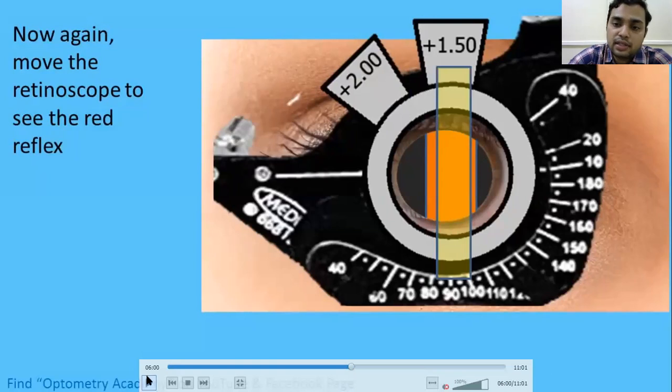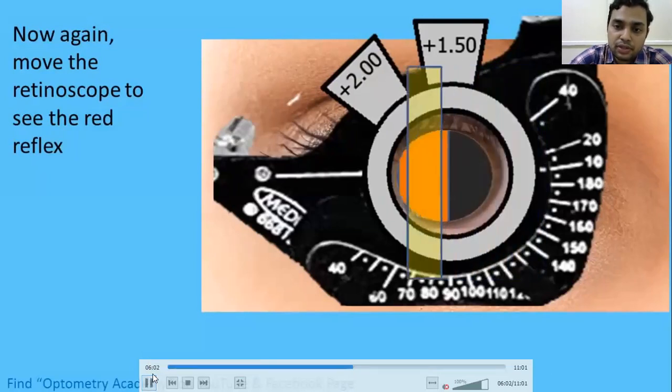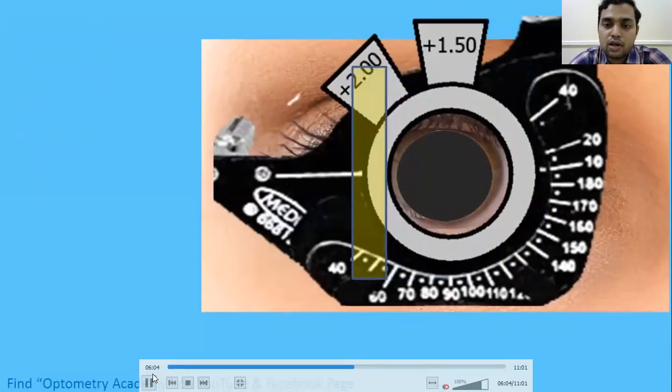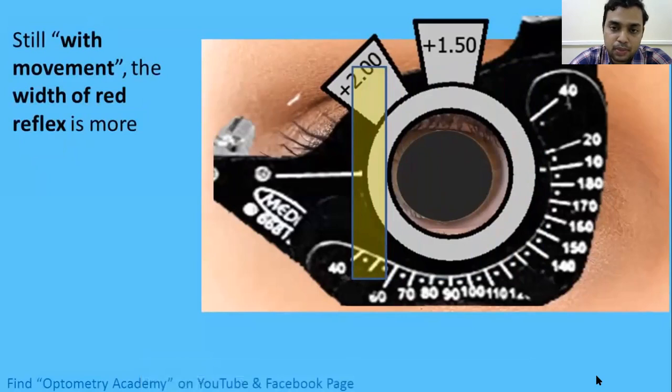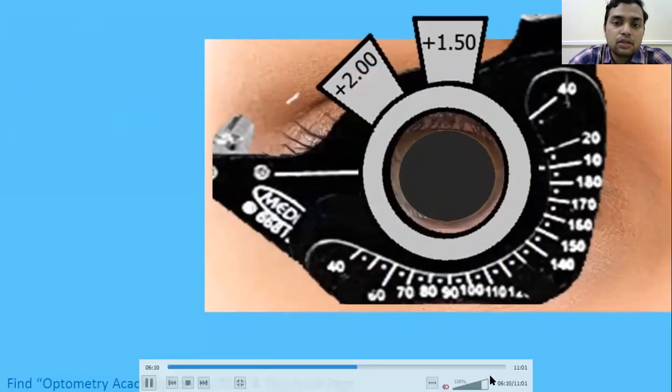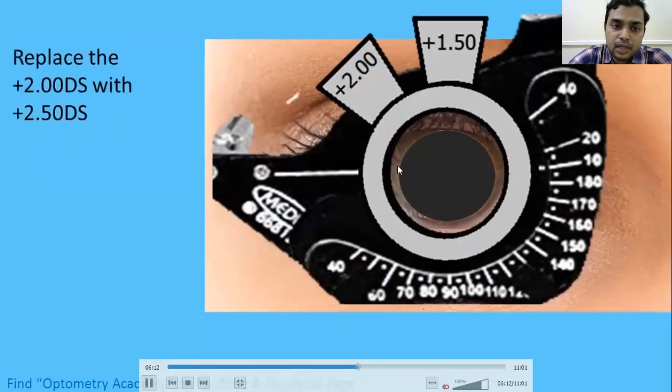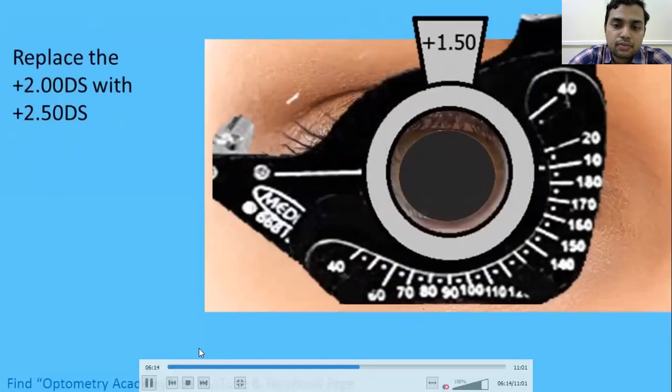So there is an increase in the width of the pupillary reflex, and with the movement is still present. So again we have to increase the power of the plus lens. We replace the plus 2 diopters with a plus 2.5 diopter lens, and we observe the movement of the red reflex.